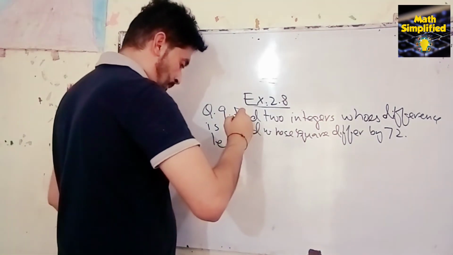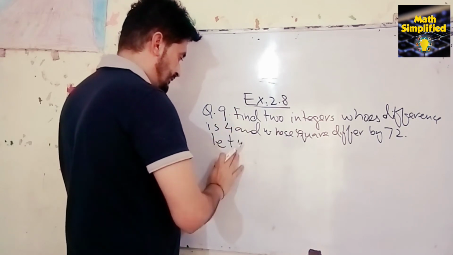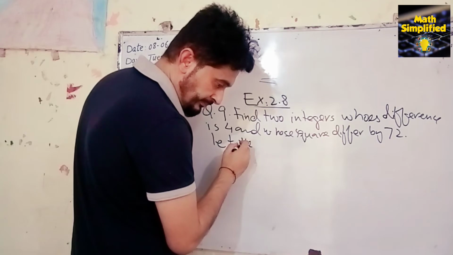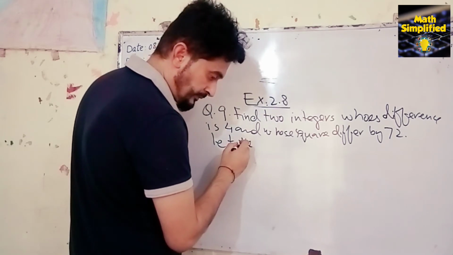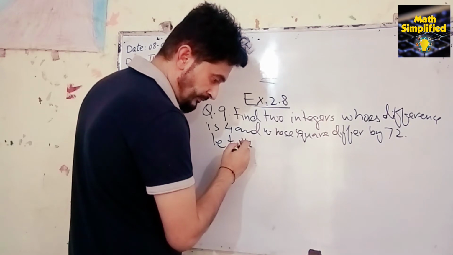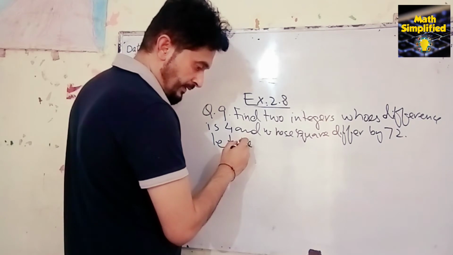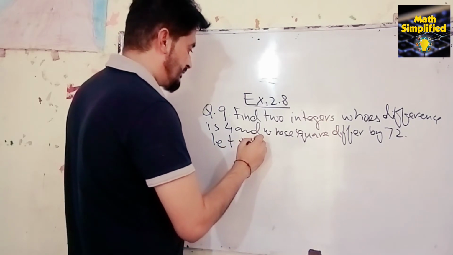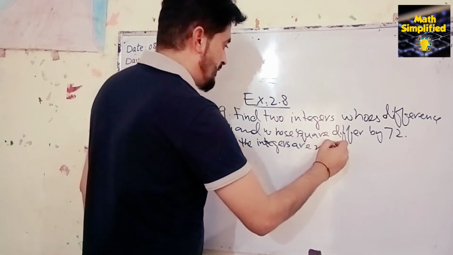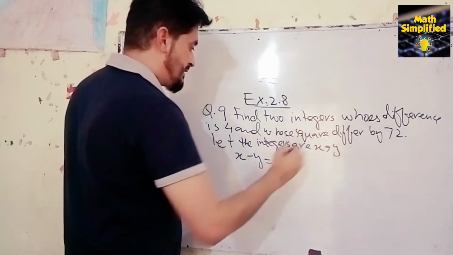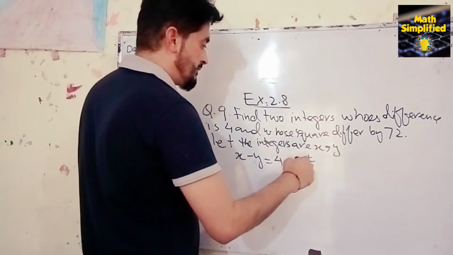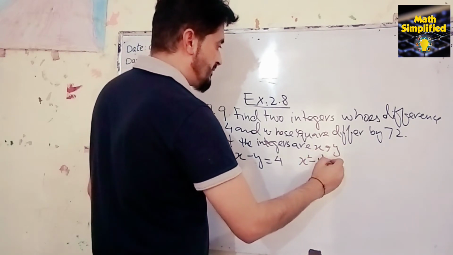Let's suppose the integers are x and y. So their difference will be x minus y is equal to 4 according to the question statement, and their squares differ, so x square minus y square is equal to 72.